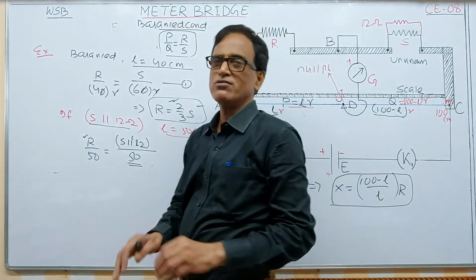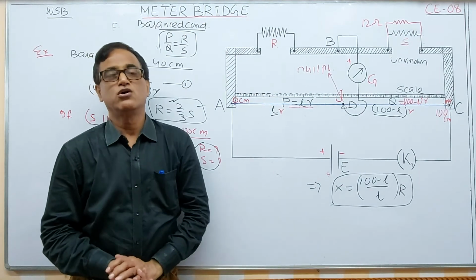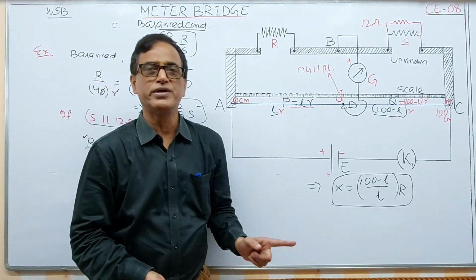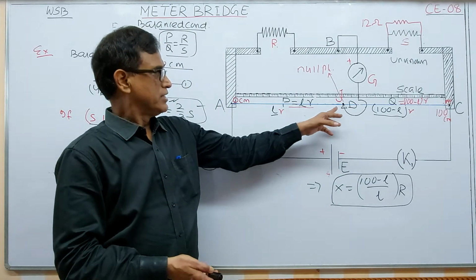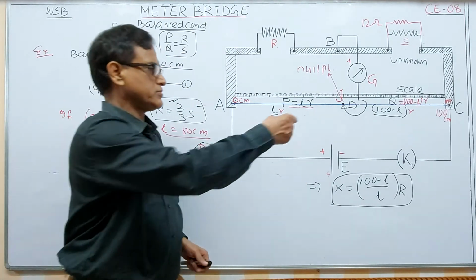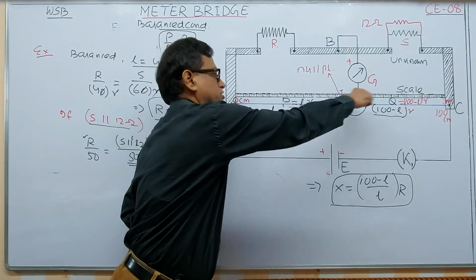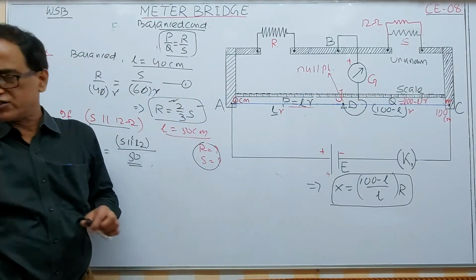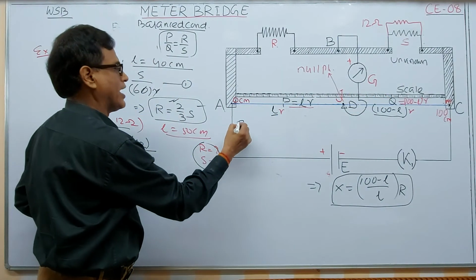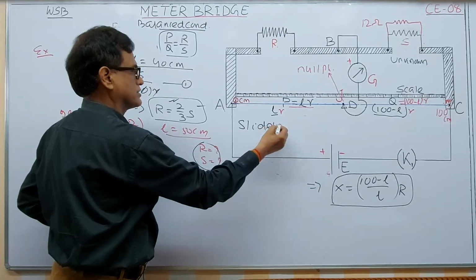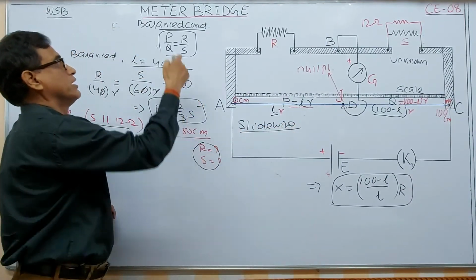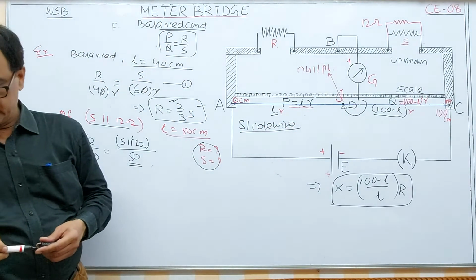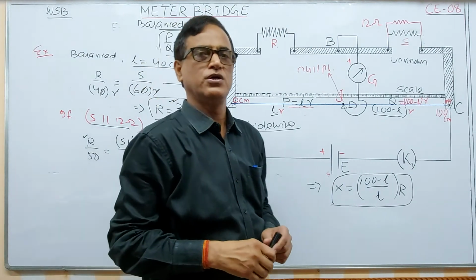Remember this to solve any numericals over the Wheatstone bridge arrangement applied to the meter bridge. And since the jockey is sliding over this for adjustment, keep in mind, the meter bridge is otherwise called a slide wire bridge.